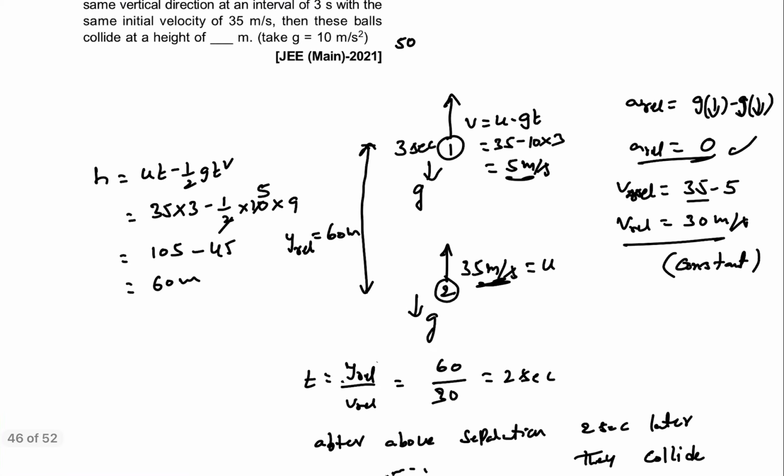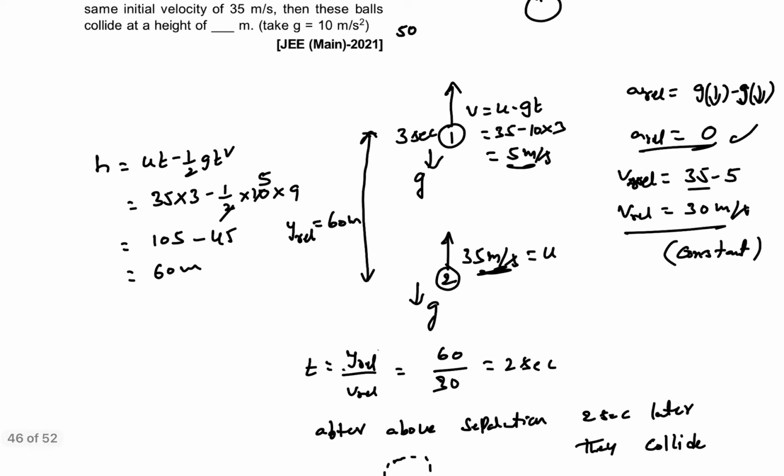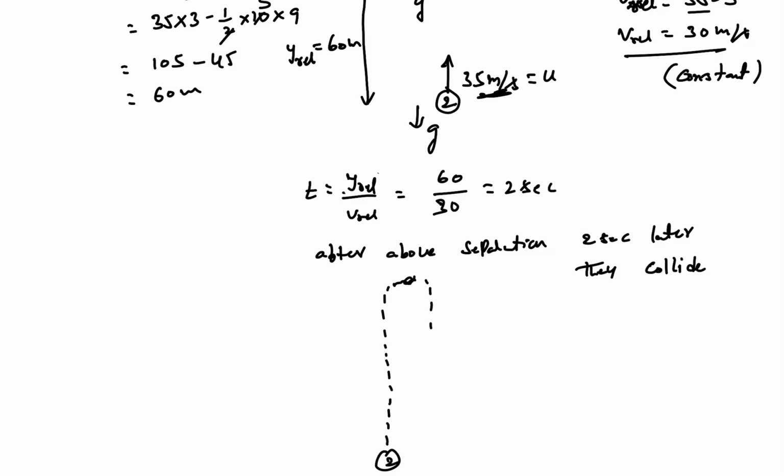Ball 1 actually goes up and again comes back. If you want, you can see the time of flight of this. If any body is projected with 35 meter per second, the time of ascent is 3.5 seconds. Why? Because time of ascent is equal to u by g. In 3.5 seconds the ball comes to the top point.